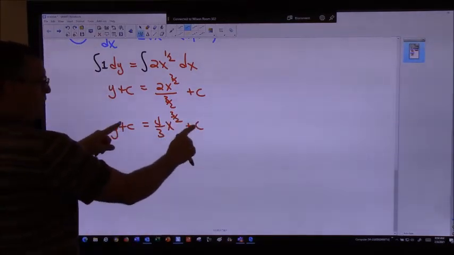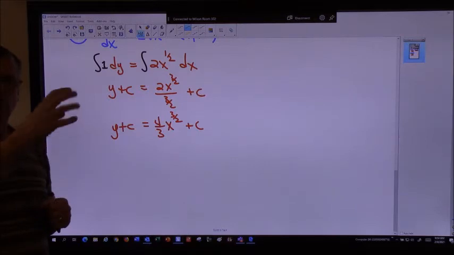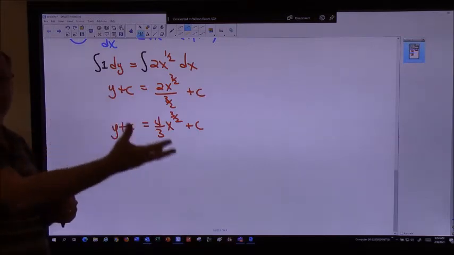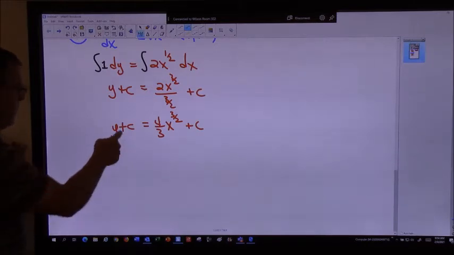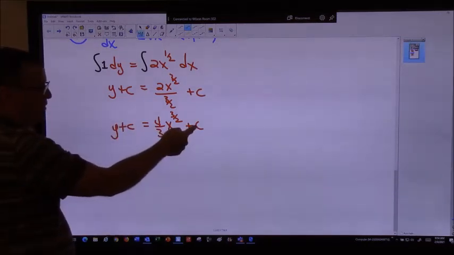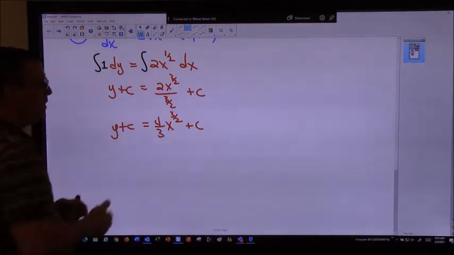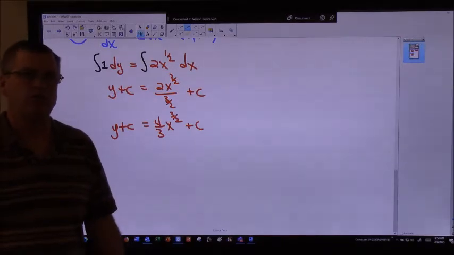Now, these two constants aren't the same, right? Remember, the reason we put c in there is because I took the derivative of something, and there may have been a number that I took the derivative of and got 0. Okay, I don't know what that number is, so we put plus c in there. Same thing over here. Could these two numbers be the same? I guess they could be. Are they? I have no idea. We don't know.